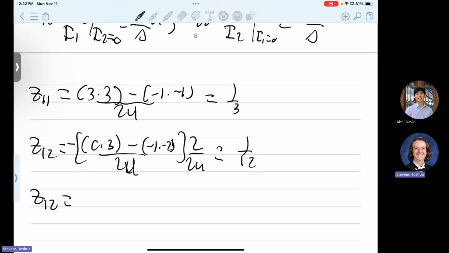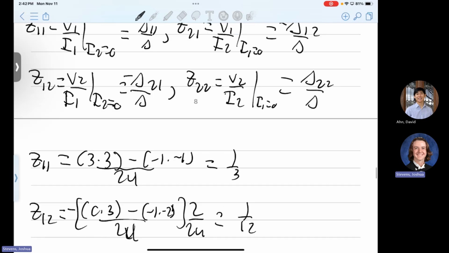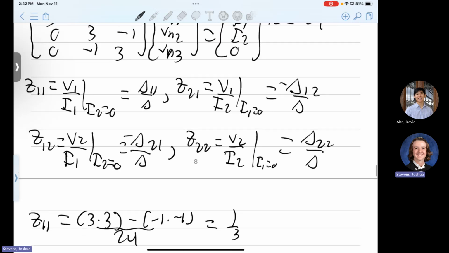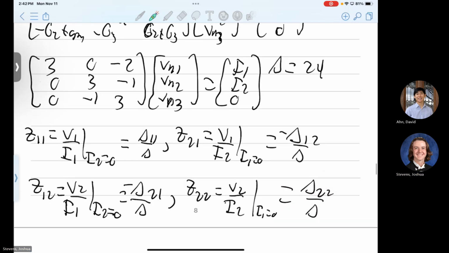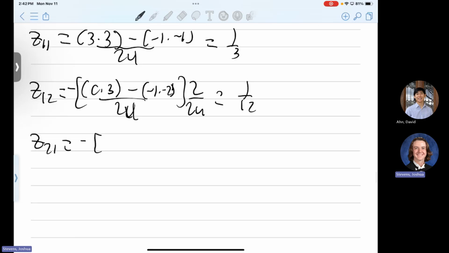So for this one, for delta 2(1), we use the negative of the negative delta 1(2). So this becomes first row, second column, 0 times 3 minus 0 times -1, which is just 0. Okay, that's making more sense. 0 times 3 minus 0 times -1, which just equals 0, all over 24.